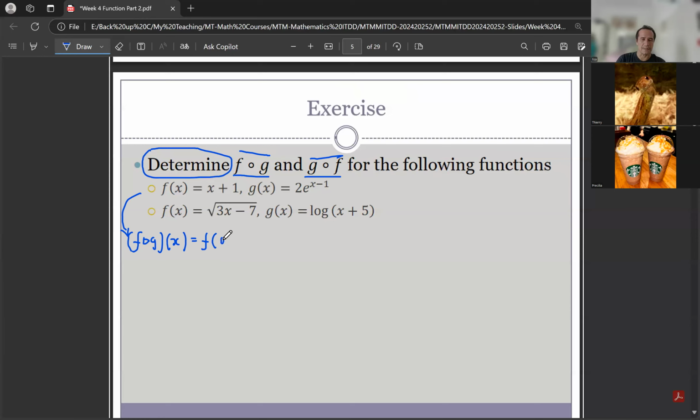We can write the formula first by definition and then apply it. We have g(x) is 2 times (x minus 1) to the power of e.